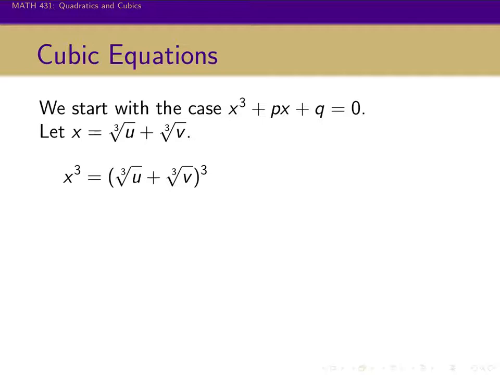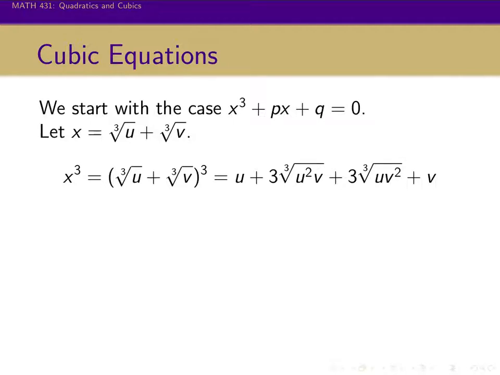And so if we set x to be the cube root of u plus the cube root of v, and we'll say what u and v are going to be later, then x³ is going to be cubing that all. And if we multiply it out, we get u plus 3 times the cube root of u² times v plus 3 times the cube root of u times v² plus v.